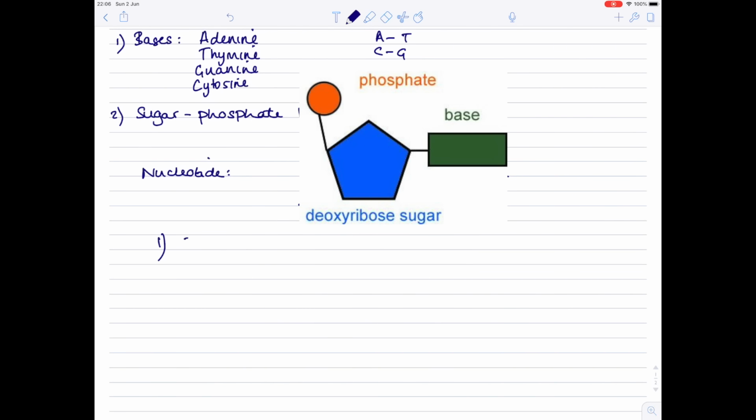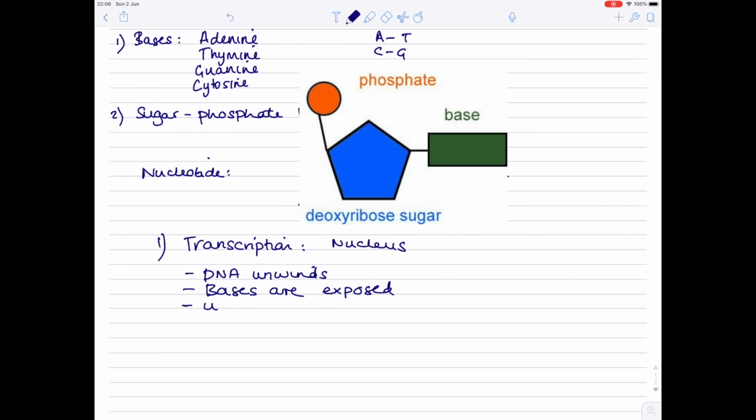So remember, the first step is transcription, and this, remember, occurs in the nucleus. So what you find is that the DNA unwinds, the bases are exposed, unpaired, and notice that it's mRNA this time.